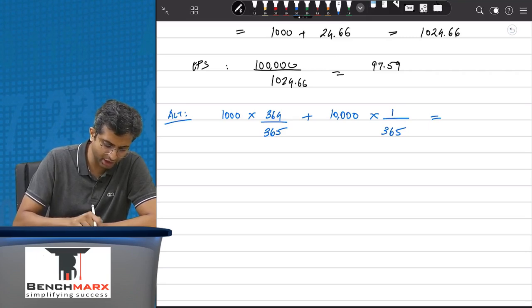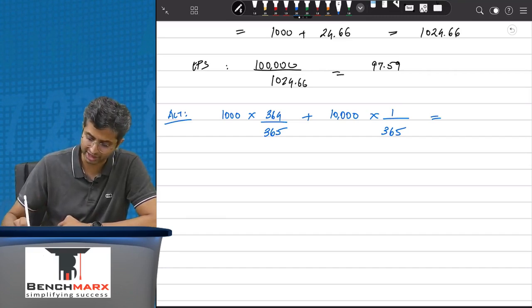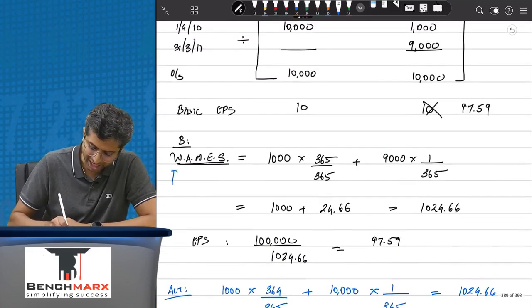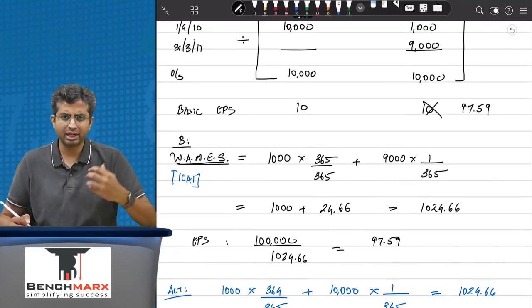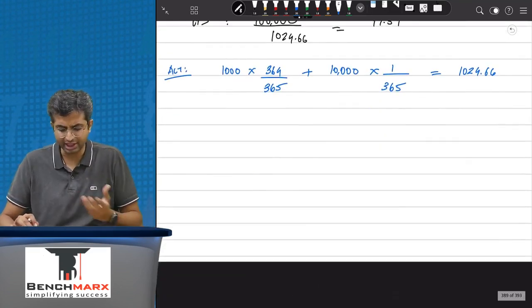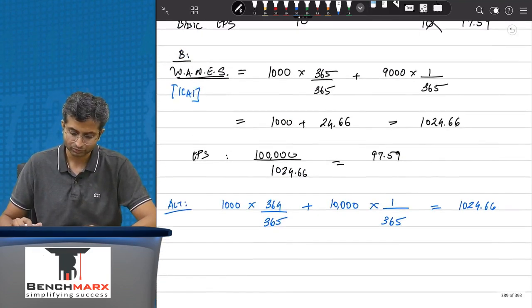So this is 1000 into 364 upon 365, and 10,000 into 1 divided by 365, and if you total, it is 1024.66, exactly the same number. Whatever you are comfortable with you can do, though most of the times ICAI takes each share separately. Having said that, you can also take the cumulative shares, whatever is comfortable.